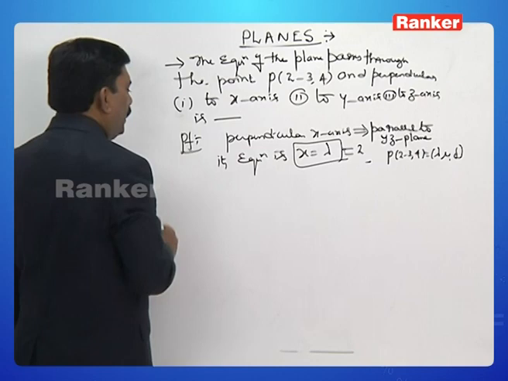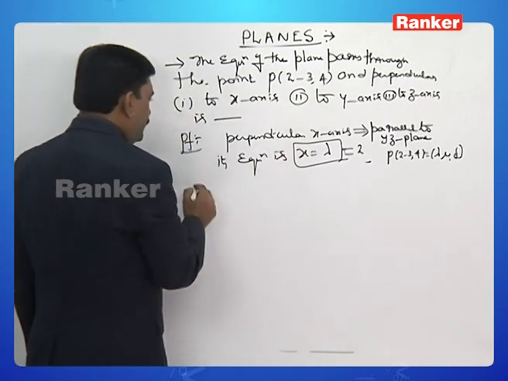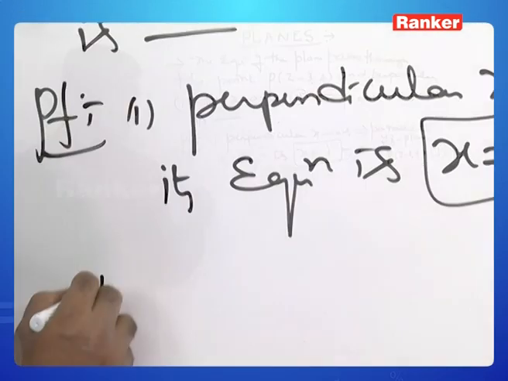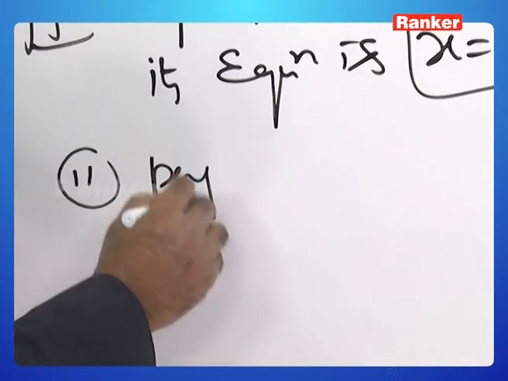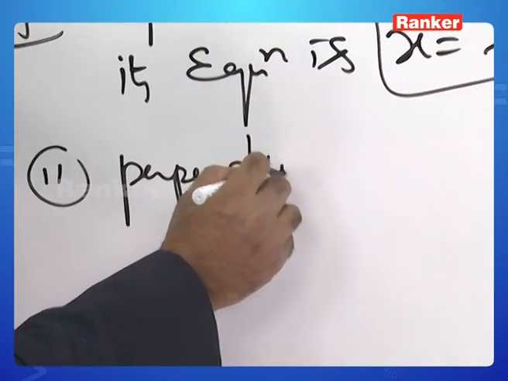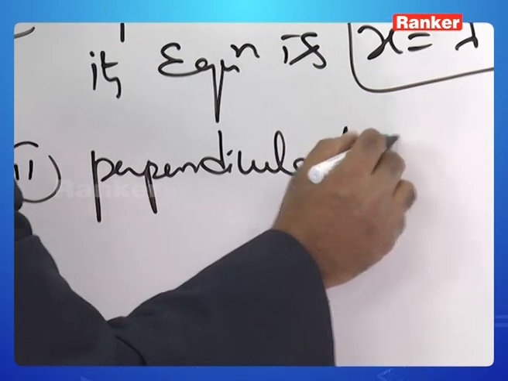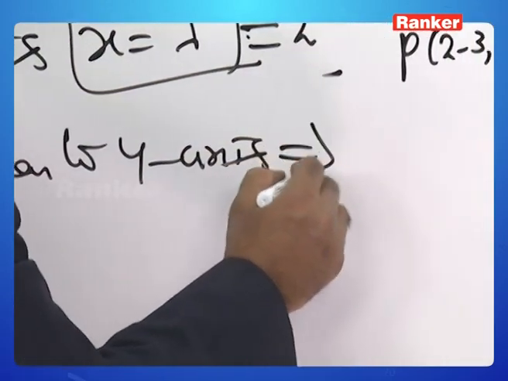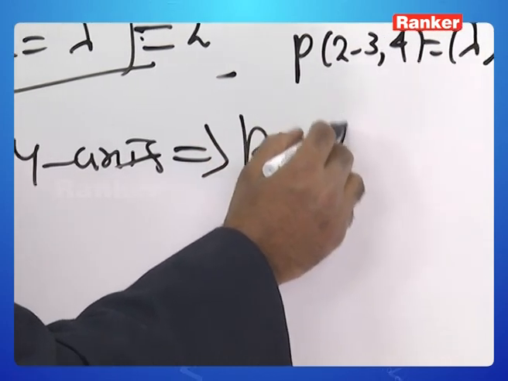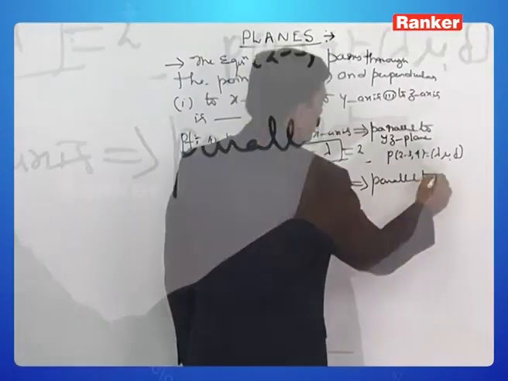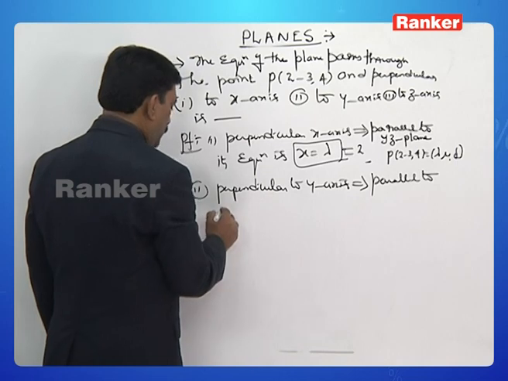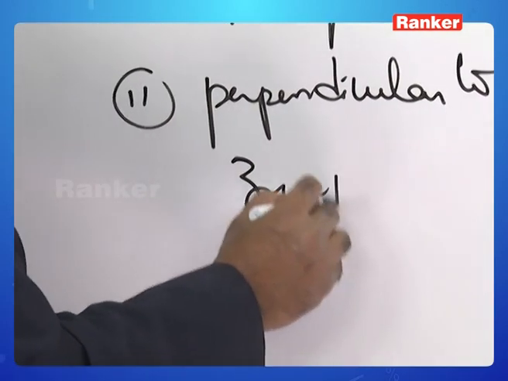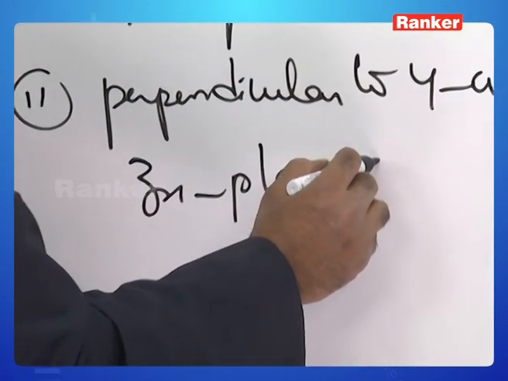So now, this is the first one. The second one is perpendicular to the y-axis, which implies parallel to the zx plane.